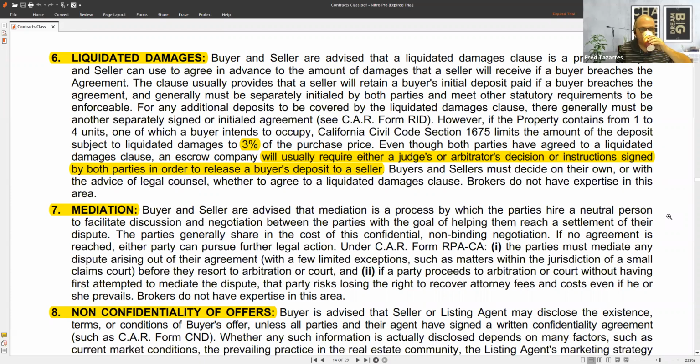So when you guys are talking about this clause with your clients, it's important to know that, yes, technically they may be entitled to it, but it's only if both parties agree to release it from escrow, which is a little bit trickier of a process. Right. And if it's not released, it stays in escrow till either someone brings a case against them, or escrow sends it to the state after 5 years, and then it goes there.